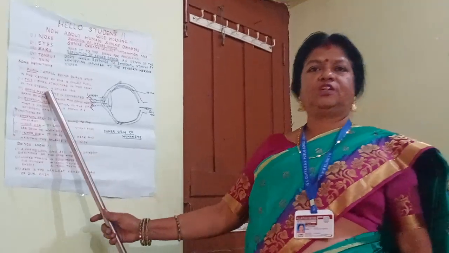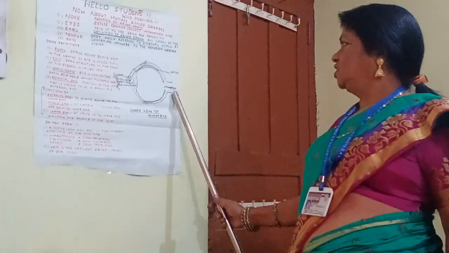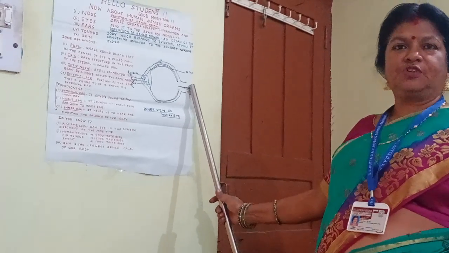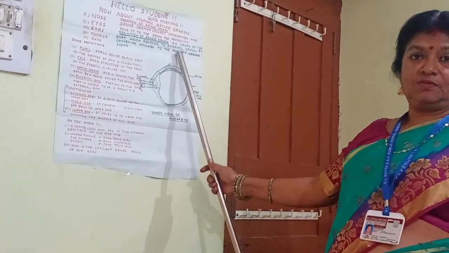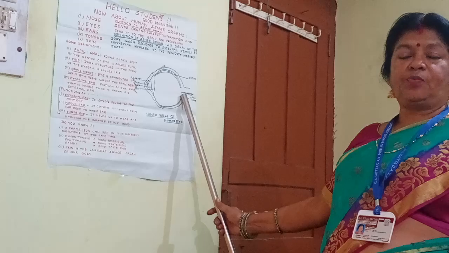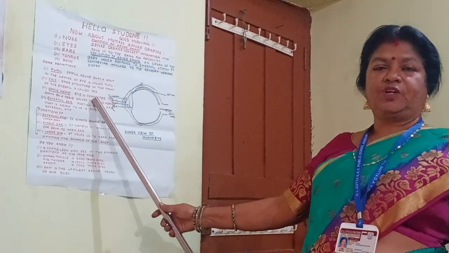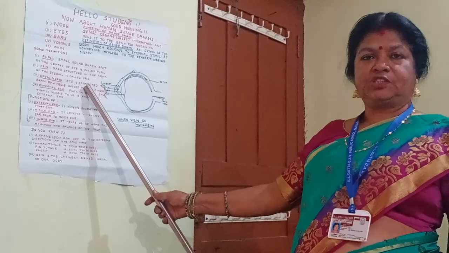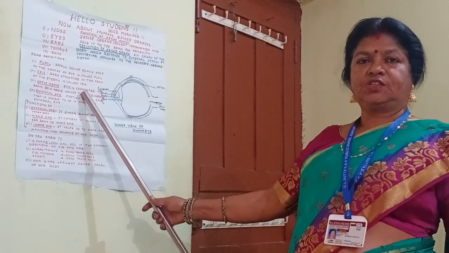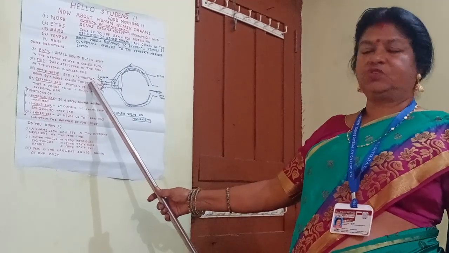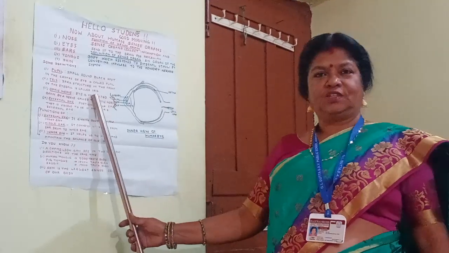Now what is the optic nerve? Our eyes are connected with the brain by the optic nerve. With the help of optic nerves only we are able to see any object. It gives the sense of watching, observing anything to the brain, and we are able to see any object.